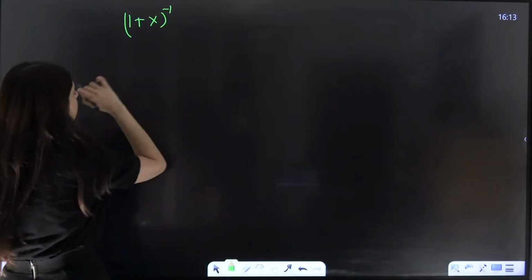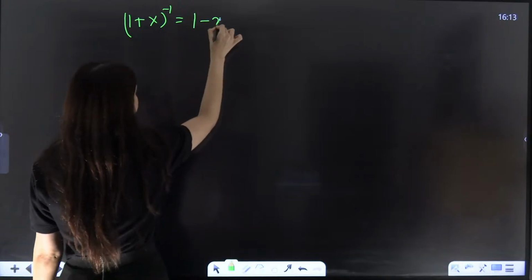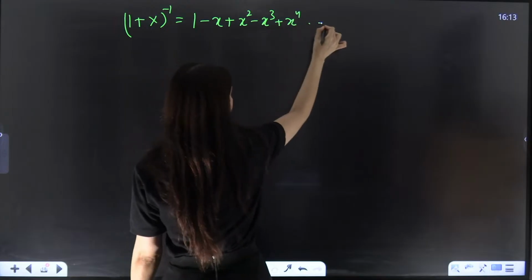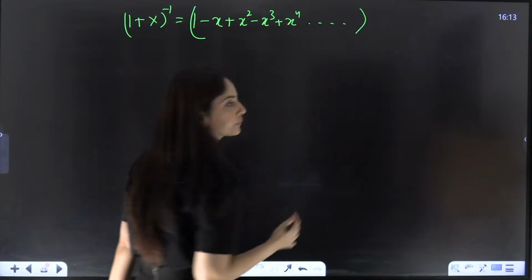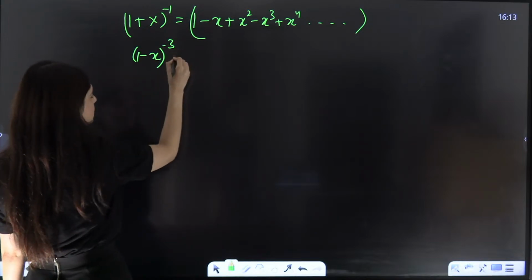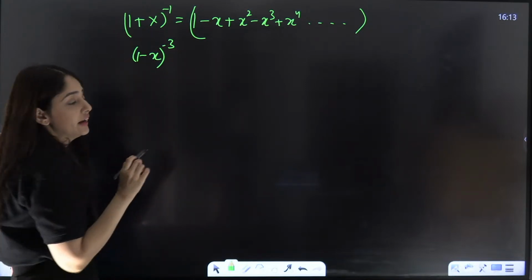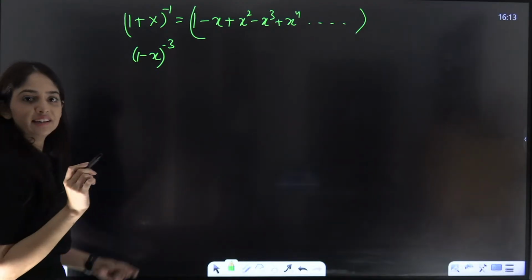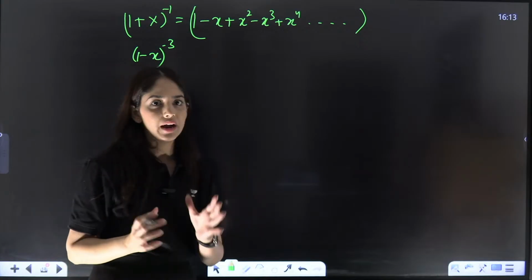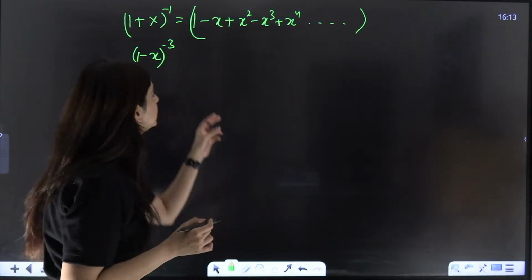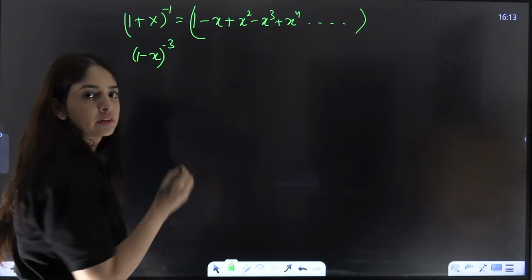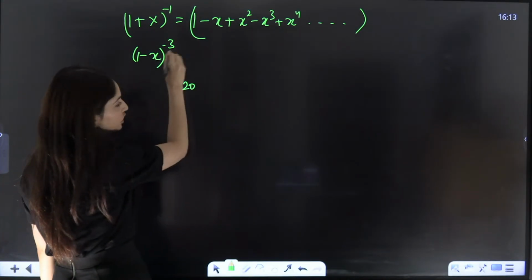But coming back, 1 plus x raised to power minus 1 is this. Alright, 1 minus x raised to power minus 3. This is being multiplied and we need x raised to power 20. We need x raised to power 20 as a product, which means if we take 1 from here, then we need x raised to power 20 here. That will be 20 plus 3 minus 1 choose 2.